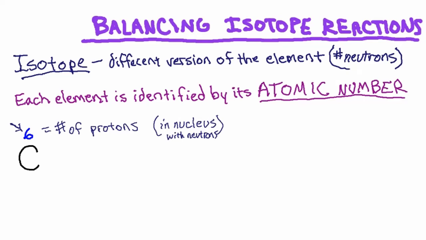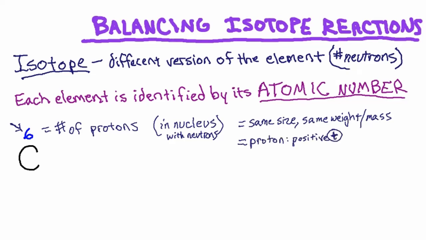The protons and neutrons are very similar particles. They're the same size and the same weight, or the same mass. They're different in the sense that a proton has a positive charge, while a neutron is neutral. That's where they get the word neutron from. It has no charge, zero charge. But they weigh the same.